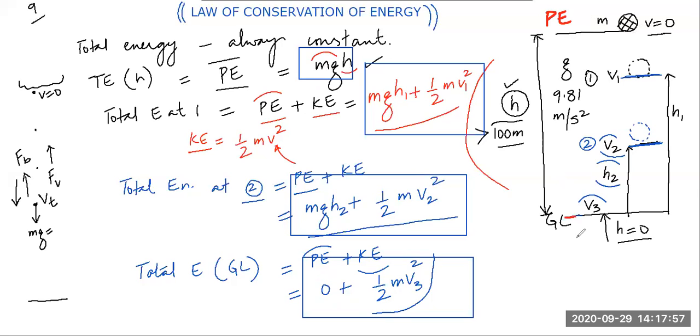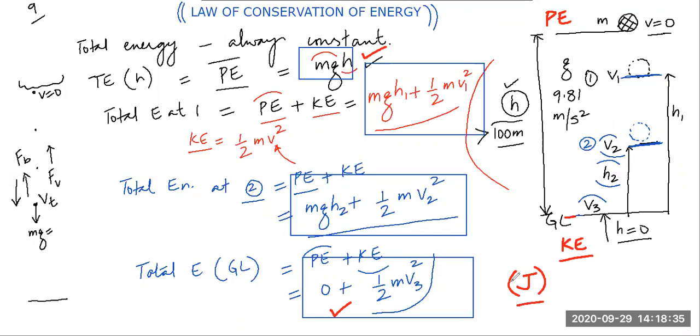At the ground level, the total energy of the ball is kinetic energy. So whatever is the potential energy of the ball at the top level, mgh, totally converts to half mv3 square. You can do the calculation also practically. You will find mgh and half mv3 square both will be equal. Anyway, you know the unit of potential energy as well as kinetic energy is same. What is that? Joule. That is a unit of work done.